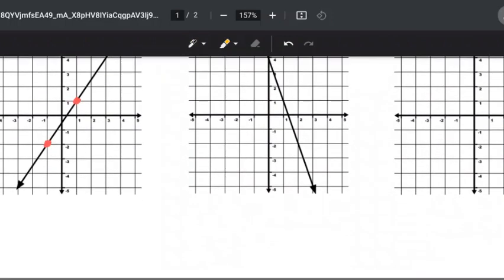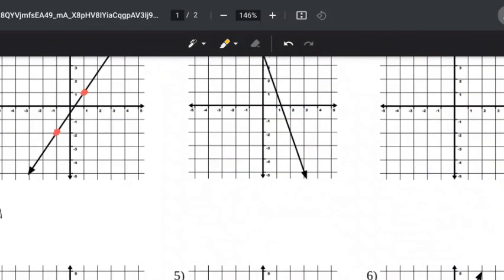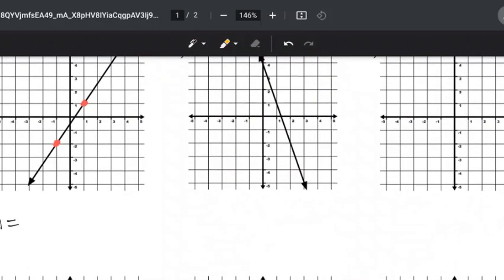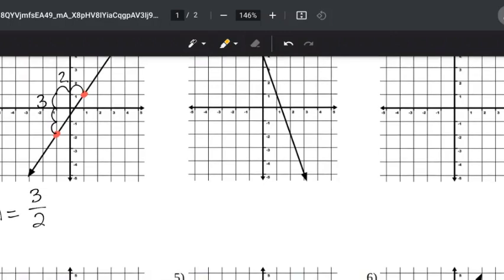So for counting our rise and our run, for our slope, we can say, okay, we're going up 1, 2, 3, and we're going to the right 1, 2. So it's a rise of 3 and a run of 2. So our slope is 3 over 2. This we can't simplify, so we just leave it as is, and that is our slope.